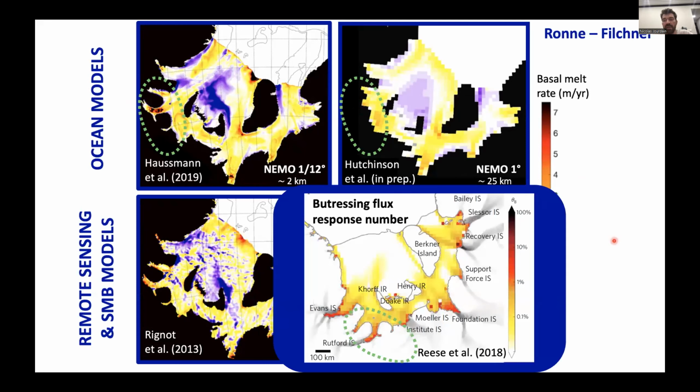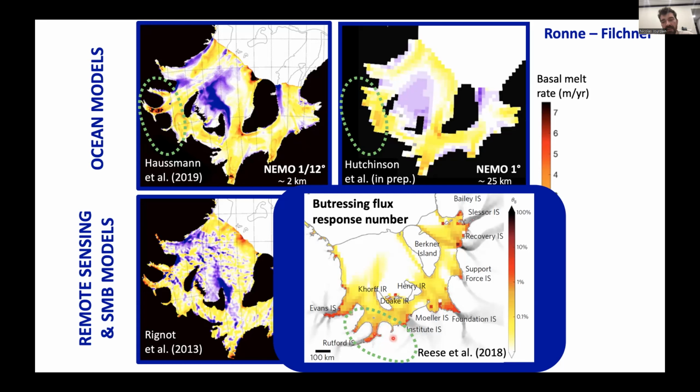And this is what I'm showing here through this plot by Reese in 2018. This plot shows the buttressing flux response number, and it's actually showing the increase in ice flux across the grounding line when we remove 1 meter of ice. So this shows that in the narrow channels that we don't represent at 1 degree, when we remove 1 meter of ice here, we have a strong response of the ice shelf.